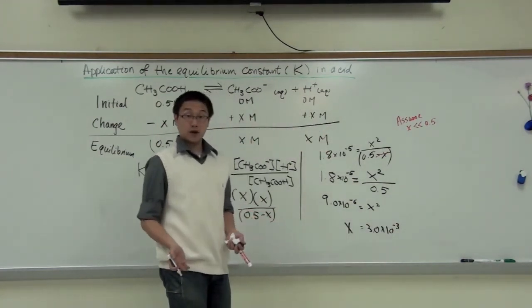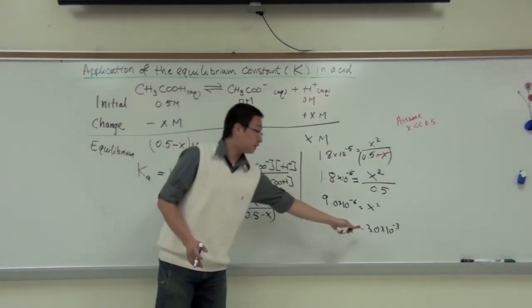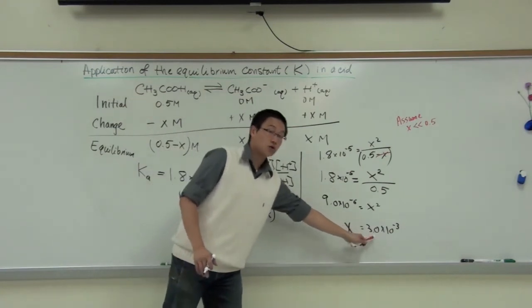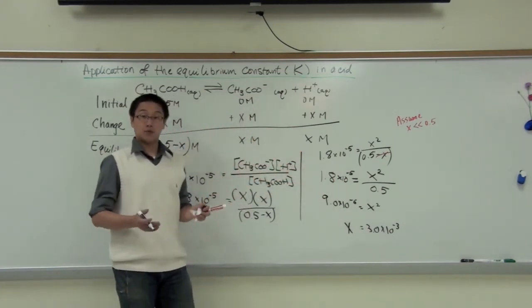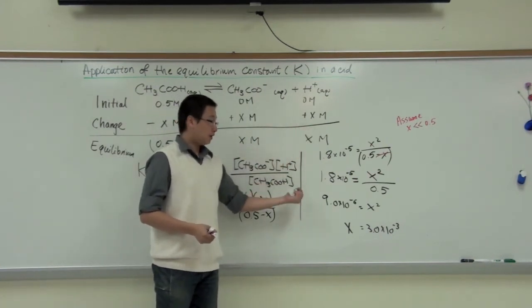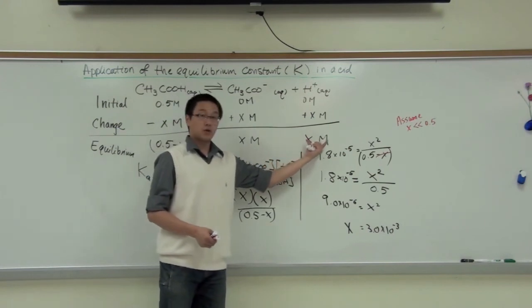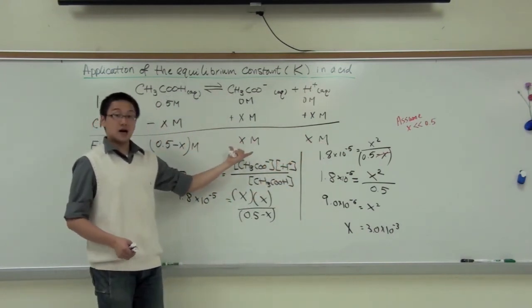And if you want to express the concentration of each of the ions, then you simply put the x value back into here, and put the units on. So the concentration of the hydrogen ion would be 3.0 times 10 to the negative 3 molar, same as the acetate ion.